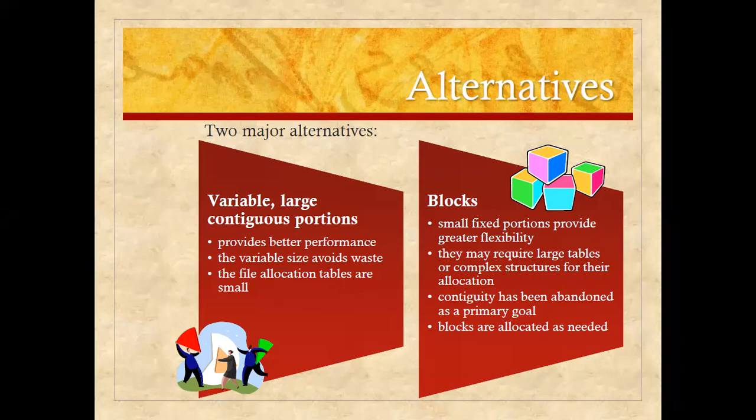Here again, every block size will be the same, and you can divide your file into different blocks and keep your values in the different blocks. Small fixed portions provide greater flexibility. They may require large tables or complex structures for their allocation. Contiguity has been abandoned as a primary goal. Blocks are allocated as needed.